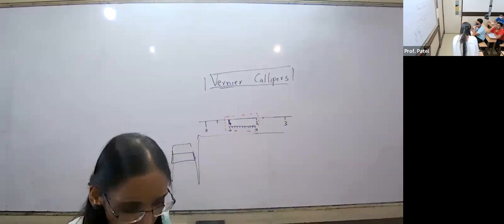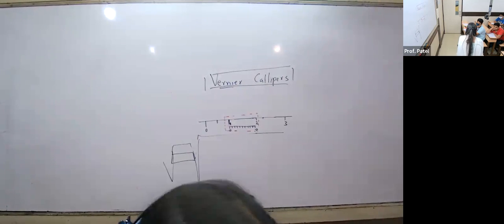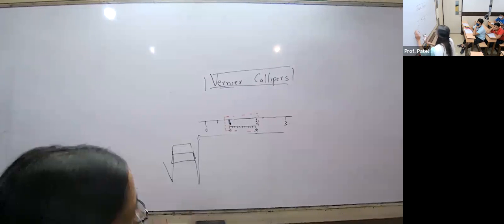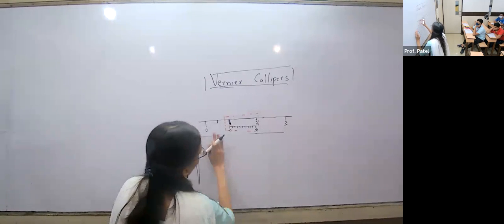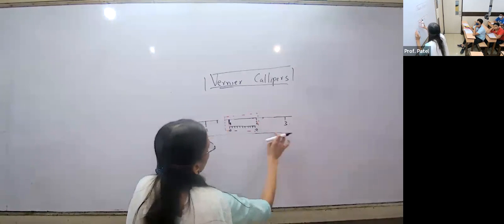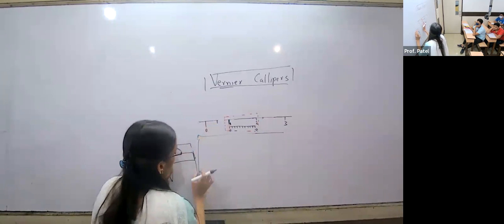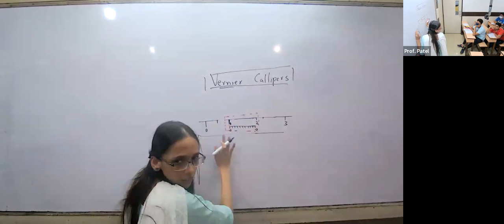Like if you measure, your scale is already there, but there has to be some reference point, right? Which is okay, this much is the length. So if my object is like this, and when I move my jaw, this main scale is still fixed, right? What moves is this jaw, which moves my vernier scale. What is happening? Are you getting what I'm trying to say?